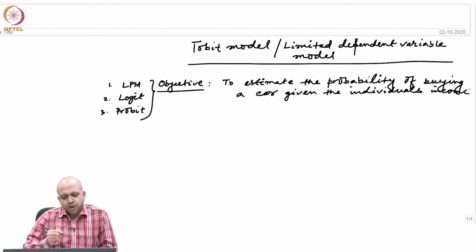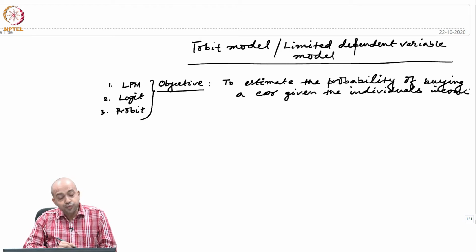But now in the Tobit model, instead of estimating the probability, our objective is a little different. What we want to estimate is the elasticity of a particular individual's automobile expenditure with respect to income.